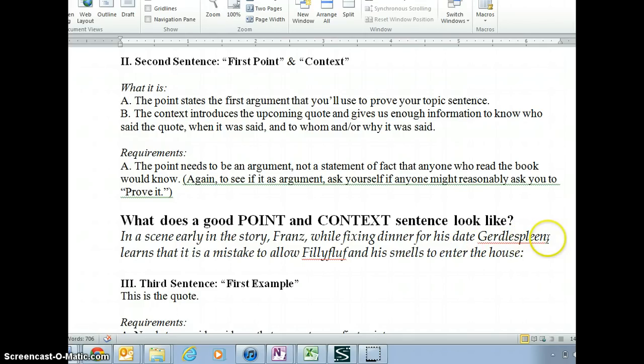And then our argument is here: learns that it is a mistake to allow Fillyfluff and his smells to enter the house. He learns it's a mistake, right? And so it's setting up the point that the smell of the dog is what the author thinks is bad.